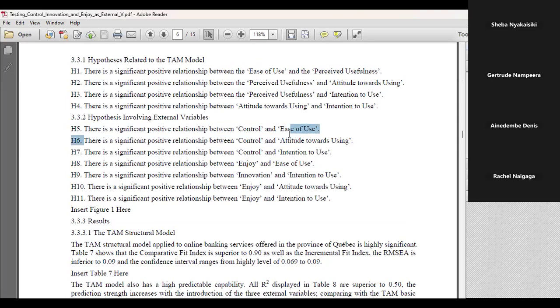Then they were also going to test the positive relationship between control and attitude to use. All of them are stated on the positive side. So the research can either support the hypothesis, or it does not. Do you understand? Is this clear?